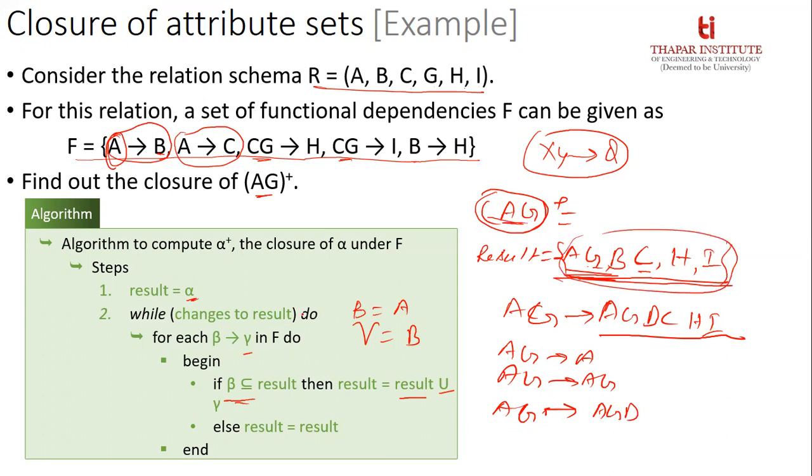Is it okay? So this is the process of identifying the closure set of an attribute set. Is it clear to all?